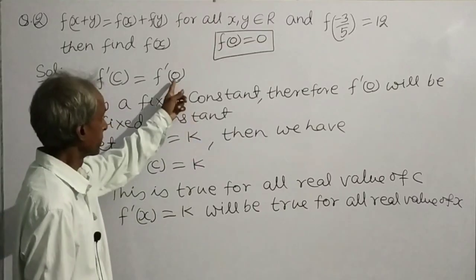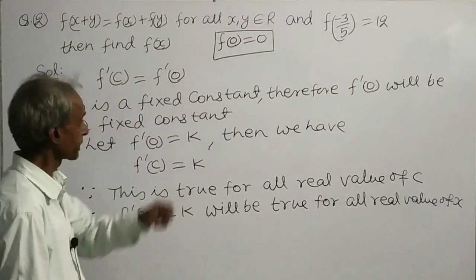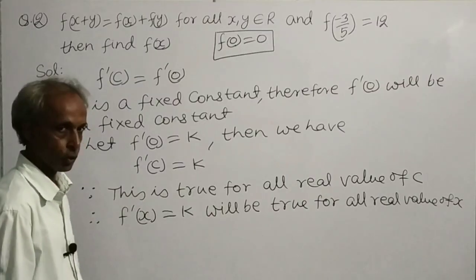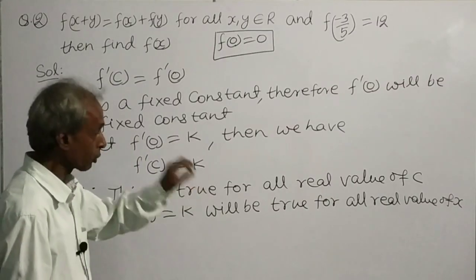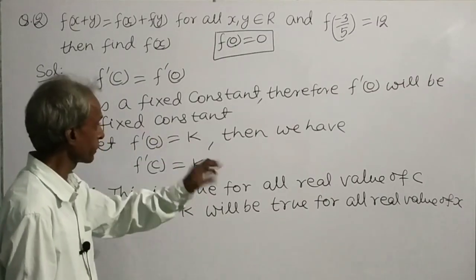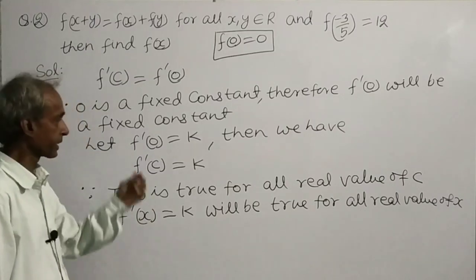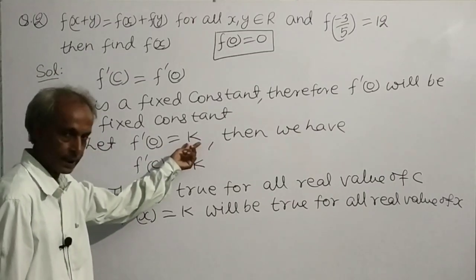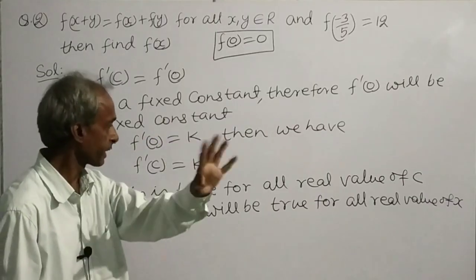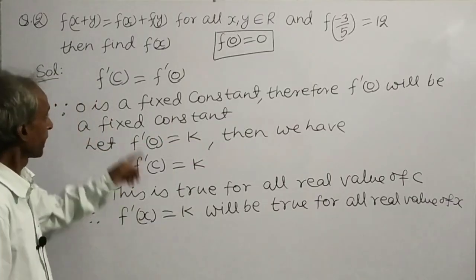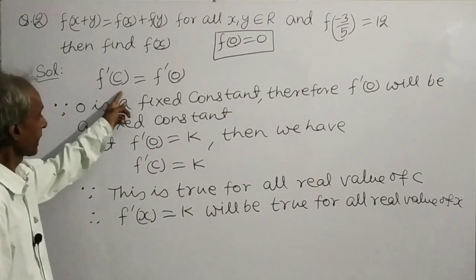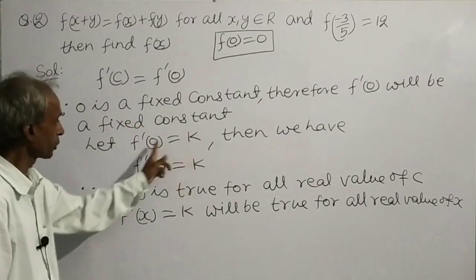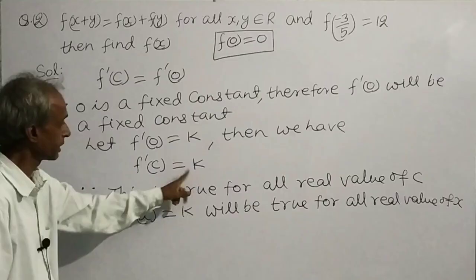Since 0 is a fixed constant, therefore f'(0) will also be a fixed constant. We suppose f'(0) is equal to k, some constant number. Then we have f'(c) is equal to k, because k is equal to f'(0).